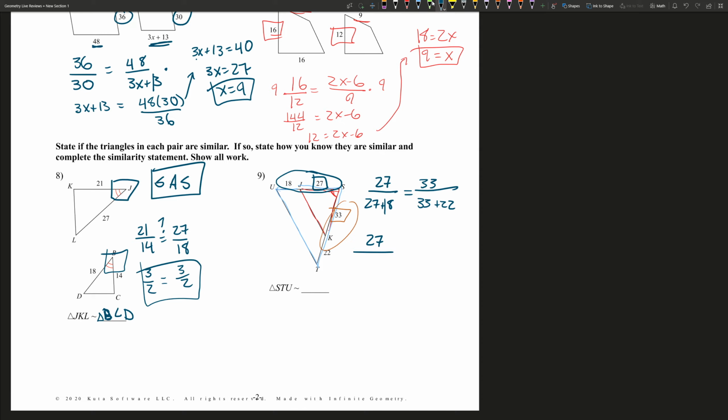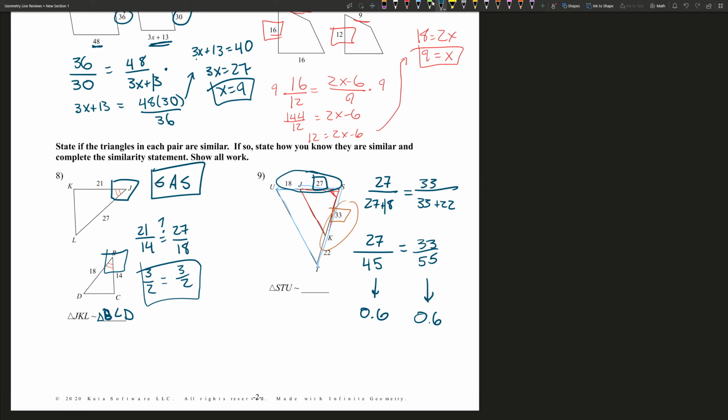It's 45. And then 33 plus 22 is 55. And we need to see that these two numbers are equal. So if you do it TJ's way, this is 0.6. This is also 0.6. So those sides are proportional.